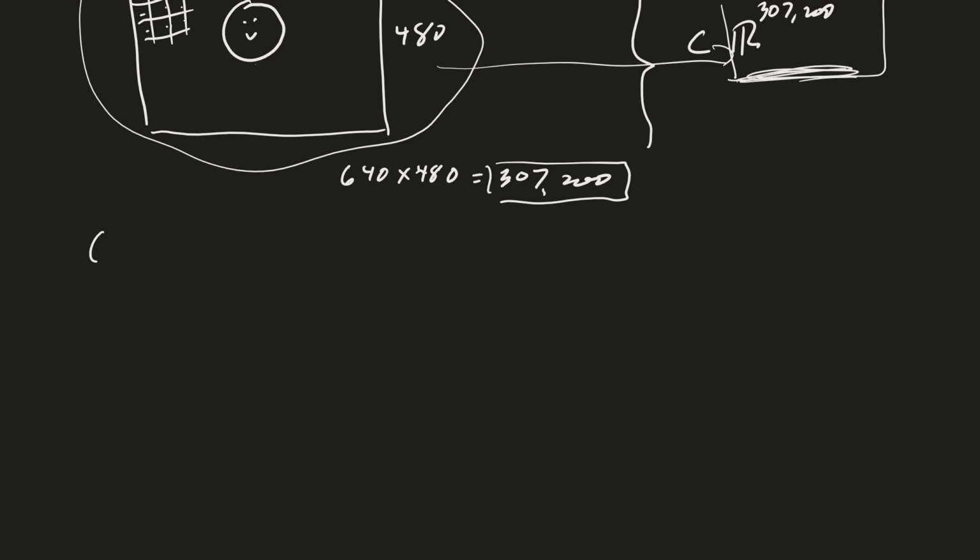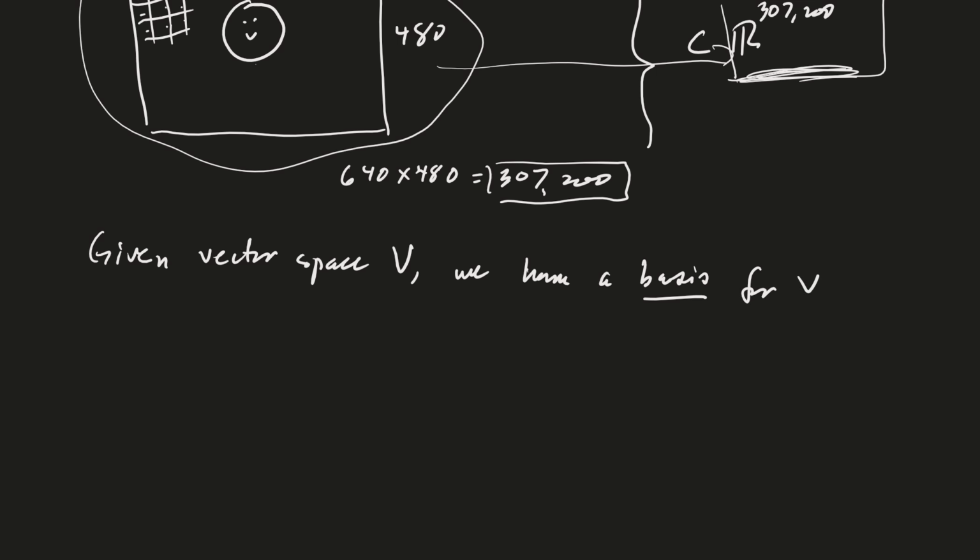So given vector space V, V is typically defined via a basis. We have a basis for V, and what is the basis?